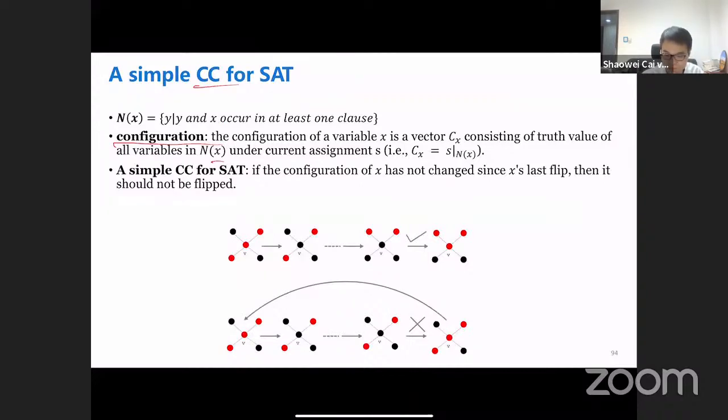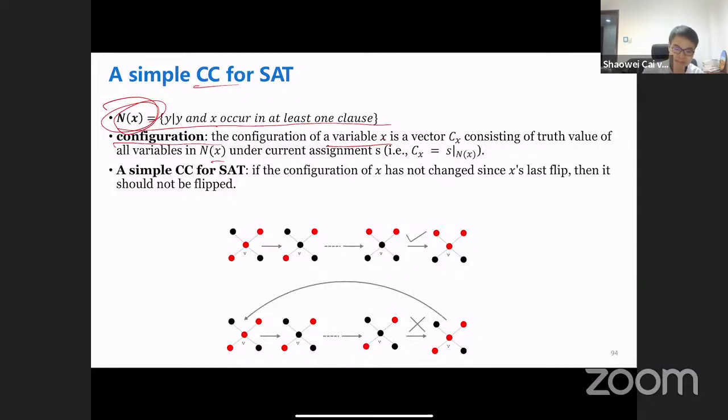For example, for a variable x, we can define its neighborhood as all the variables that share a clause with x. The assignments of these variables form a circumstance for x.